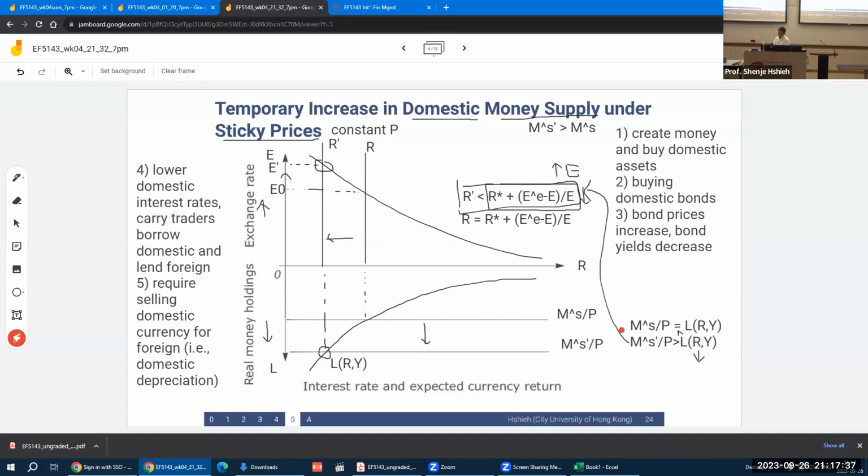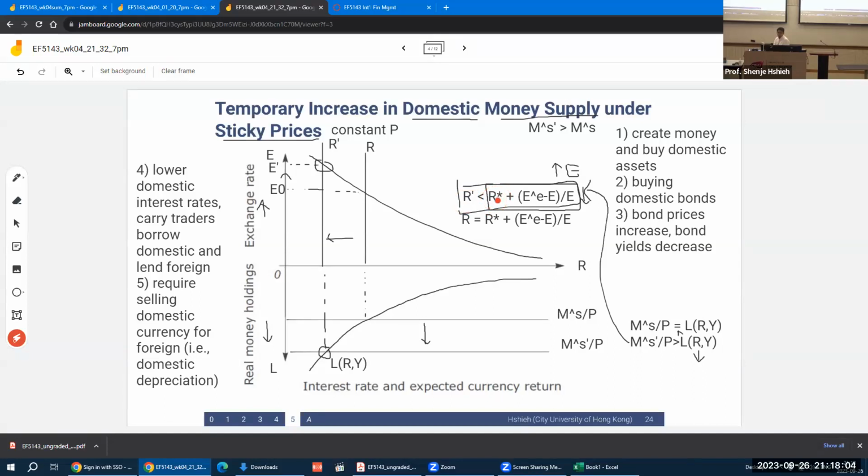With a lower R, that's going to distort the UIP equation, right? R is now lower at R prime, all else equal, and this is going to create incentive for carry traders to come in to maximize expected returns. In this case, they're going to borrow at the lower interest rate now and lend out at R star.